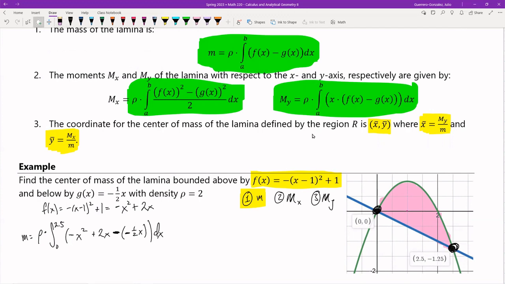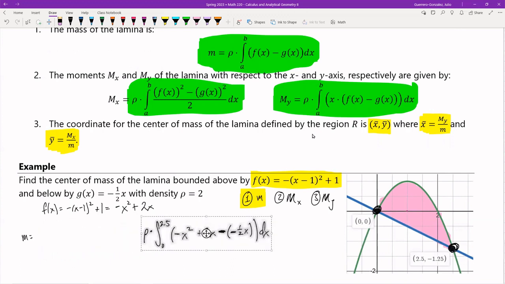Let me maybe be smart about it. I'm going to grab all of that and move it over so that I can write down my equation. It's rho times the integral from a to b of f of x minus g of x dx.